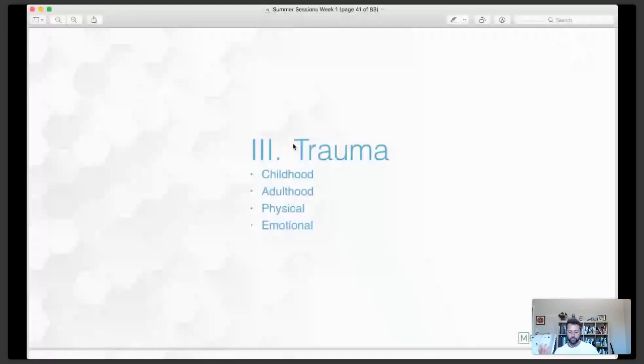So the question that remains is, what is the pathophysiology behind how the ACE score is affecting, how trauma is affecting the brain and the nervous system? And we have to defer first to Dr. Stephen Porges's work when talking about this. So the polyvagal theory.